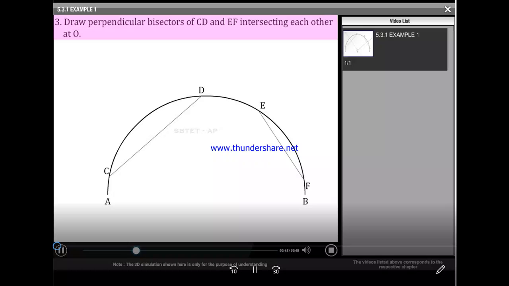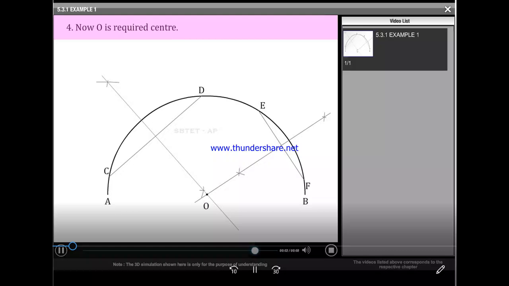Draw perpendicular bisectors of CD and EF intersecting each other at point O. Now O is the required center.